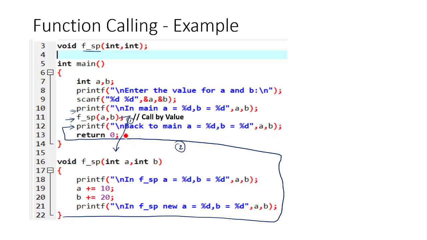Then from here, the main function will context switch to the operating system, returning the 0 value. The significance of returning the 0 value is that when the operating system gets a 0 value from its called function, it will understand the function has worked properly.